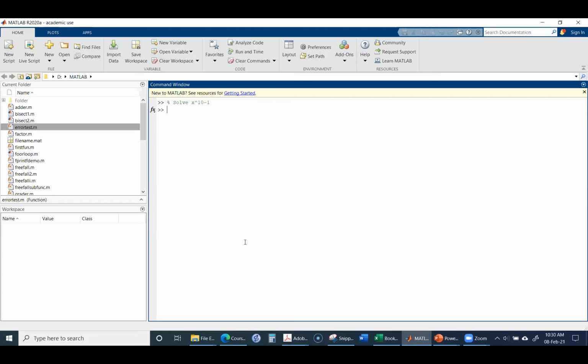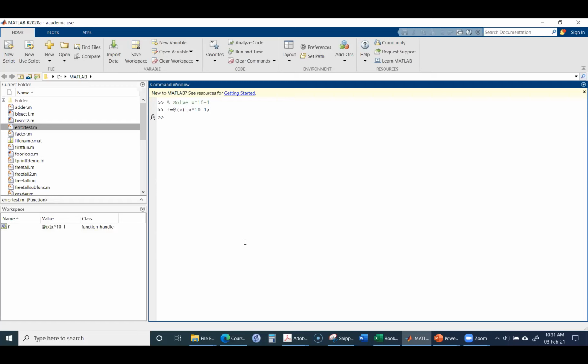In this case, first of all, I can define the function: f is equal to at x, x to the power 10 minus 1. I put a semicolon over here.